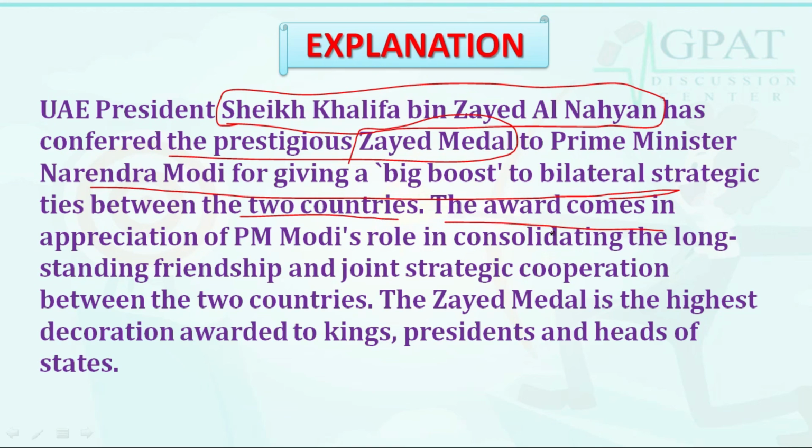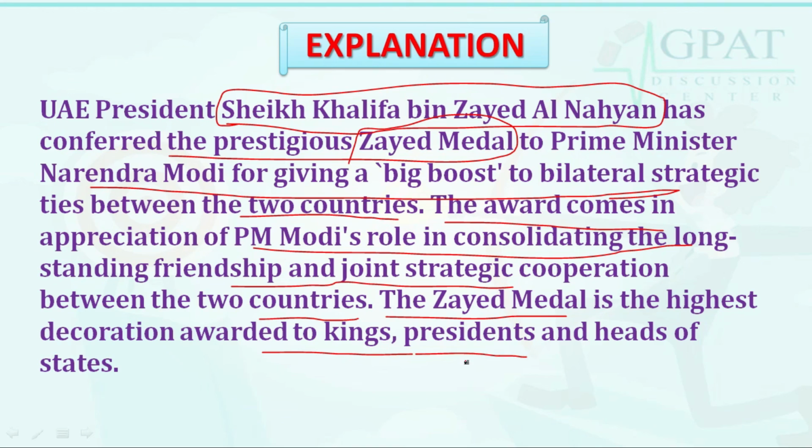The award comes in appreciation of PM Modi's role in consolidating the long-standing friendship and joint strategic cooperation between the two countries. The Zayed Medal is the highest decoration awarded to kings, presidents and heads of state. So students, the correct answer is Narendra Modi. So this is all about this video.